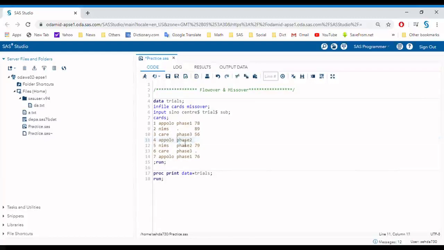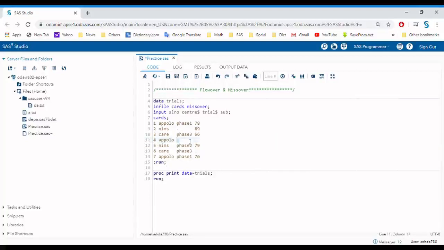For example, if phase 2 is also missing, what will happen? No problem. After reading serial number 4, then center Apollo, there is nothing there for trials. It just found that the trial is missing, so it will not jump to the next line.